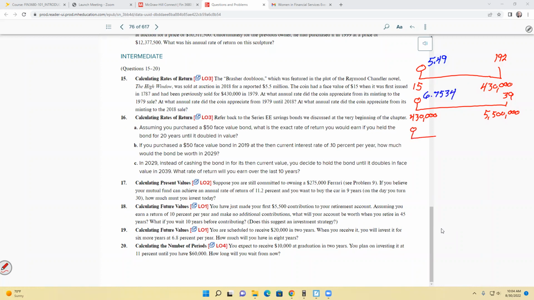Then what about from its initial minting till 2018? What is that? 231 years? What was that appreciation rate? 5.7. You don't have to wait, you got it, go for it.